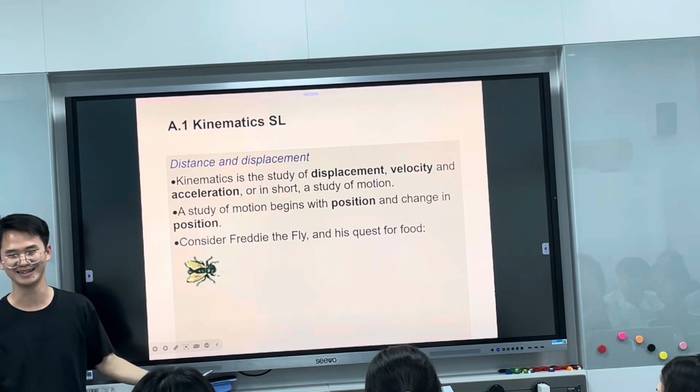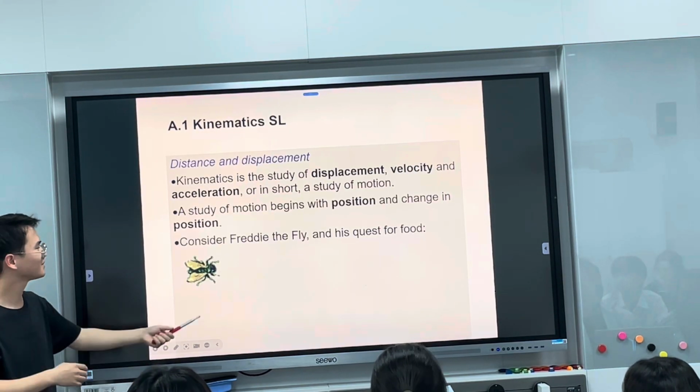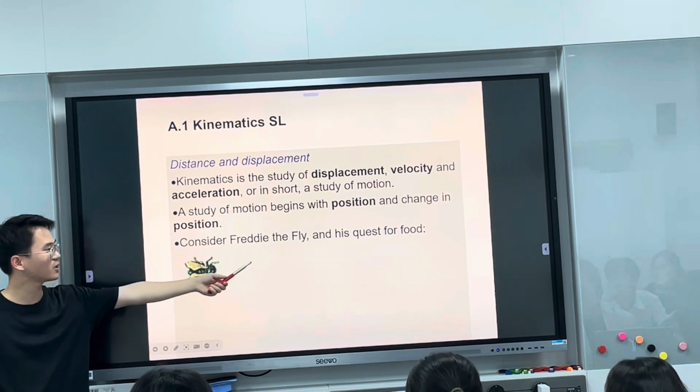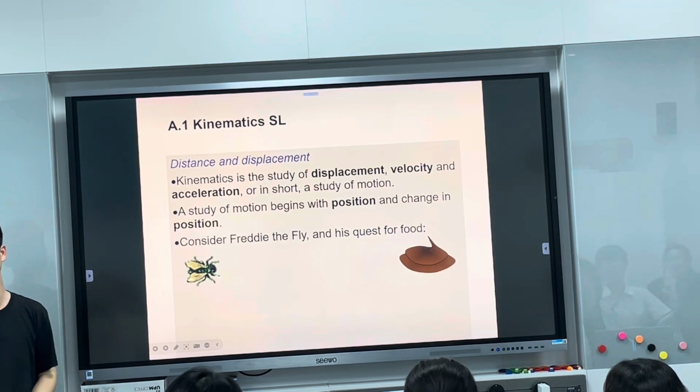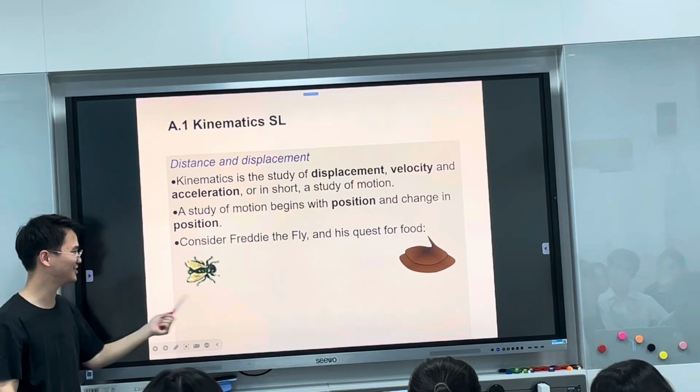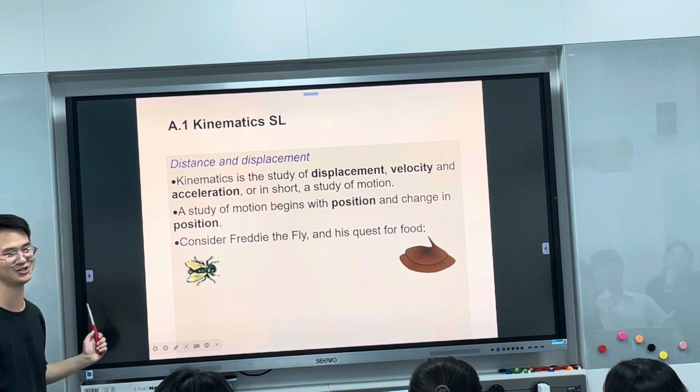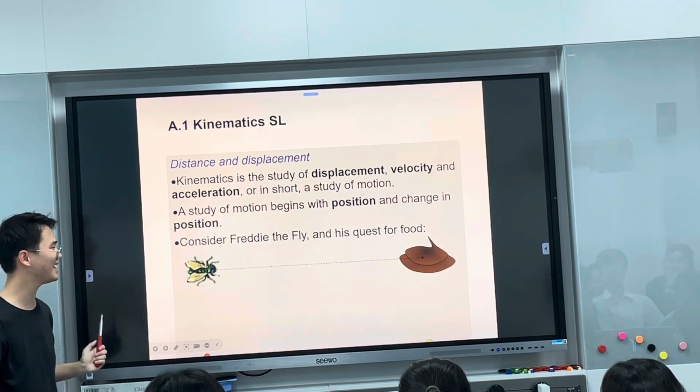Well, you don't want to be friends with Freddie because it's a fly. But yeah, Freddie's request is food. So what Freddie is going to do is fly to his food, right?